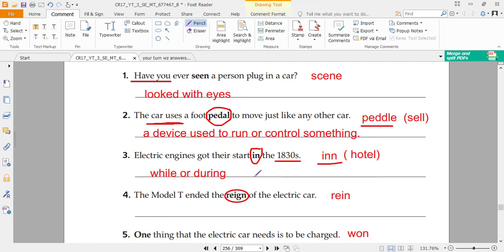One of them means the time for a leader or a king when he rules a country, and the second, rein, is something we put on the horse to control him. So here, how do we know which one? We use rein for the horse, or reign here means a period in which a person is dominating or ruling or controlling.